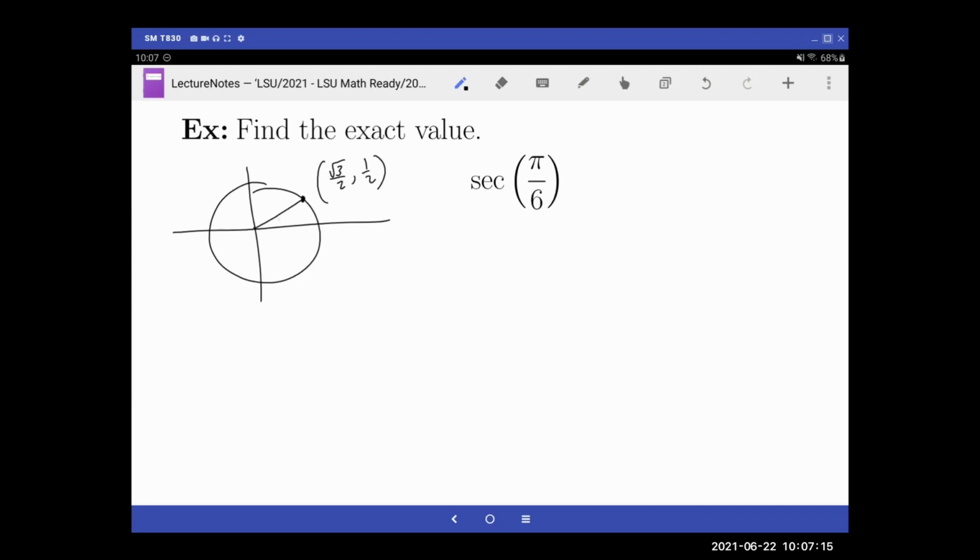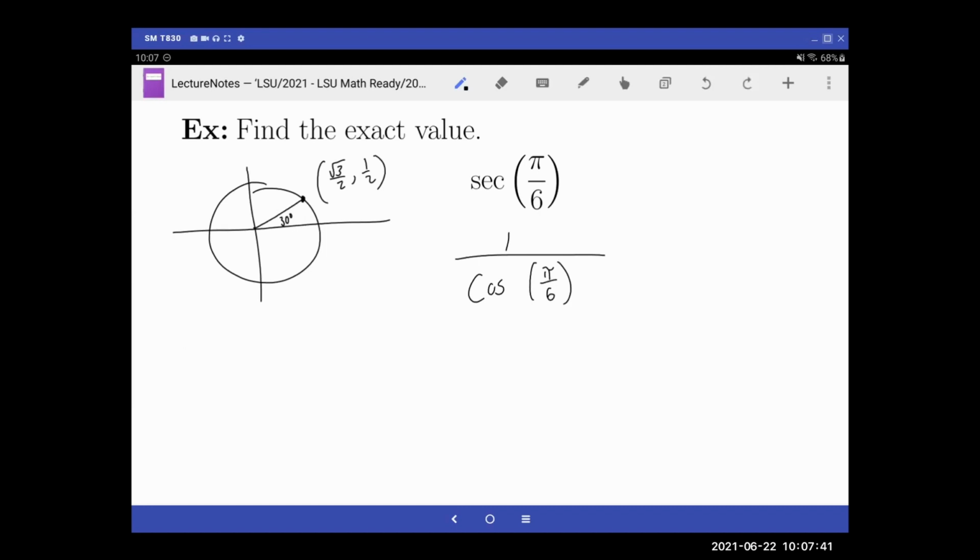If I'm looking for secant, I have to remember what secant is. Secant is the same thing as 1 over cosine. So what I'm looking for is the reciprocal of cosine of 30 degrees.